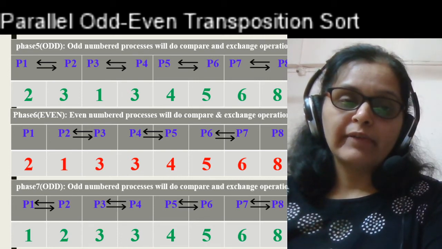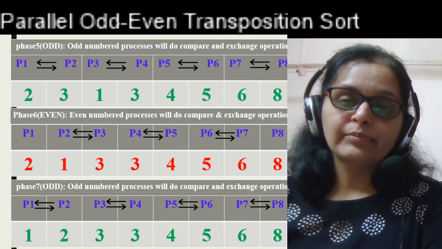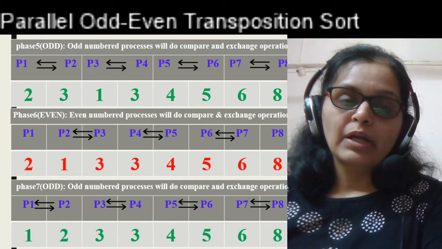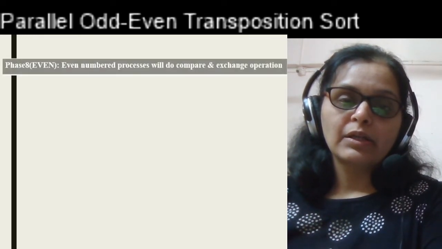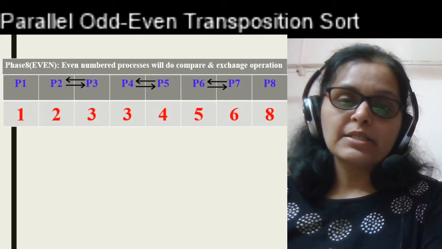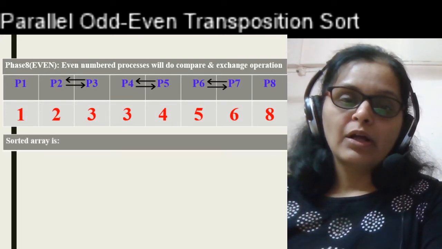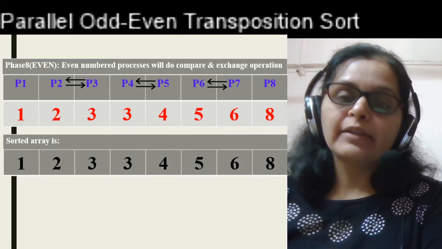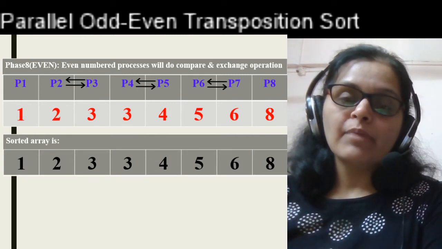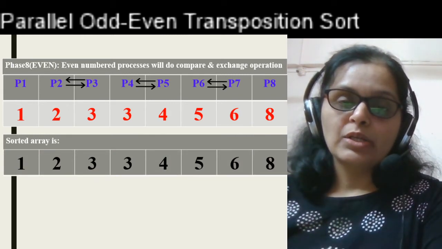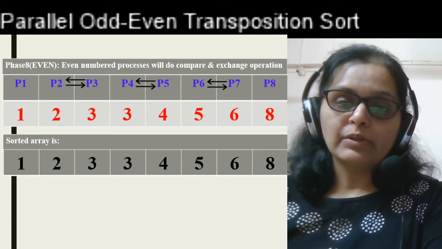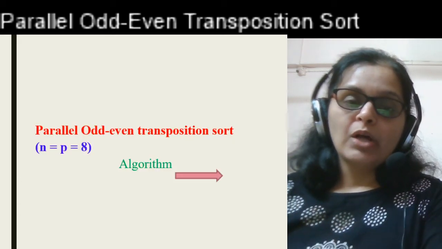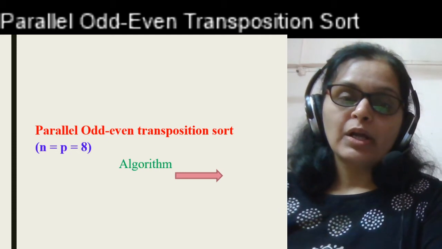Just I will wait, go through it. Next, even phase. That is the eighth phase. Now, after the eighth phase, you are getting the sorted array. So, I hope it is clear. So, let us go ahead.